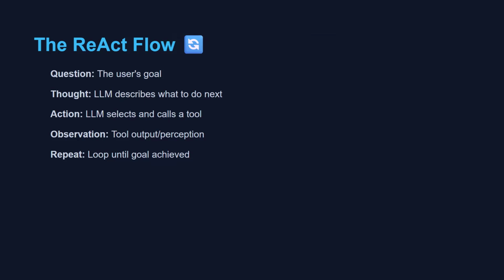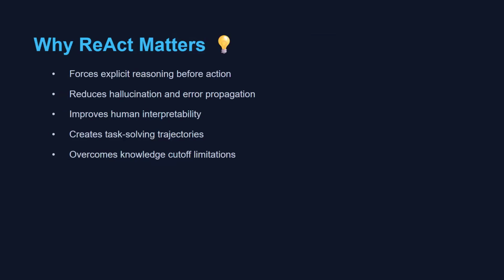And why is it an algorithm? Basically, it prevents the LLM from blabbering, and it forces it to follow a logical state machine. Why does it matter?